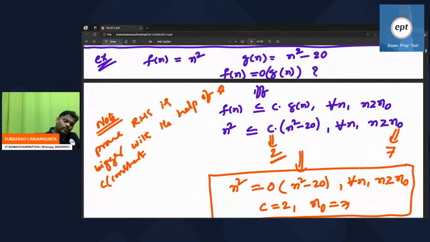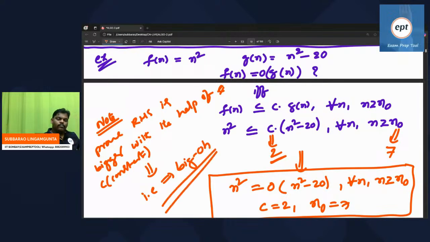That is called big O. That is the meaning of big O. Prove right hand side is bigger with the help of C, which is the constant. That is called big O.